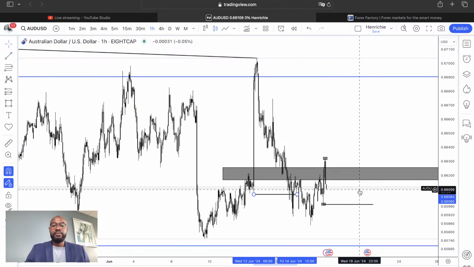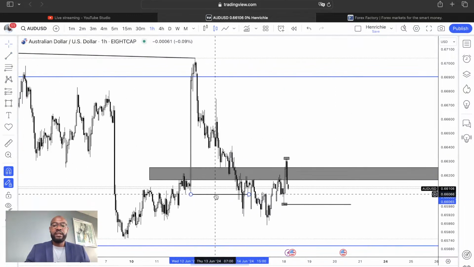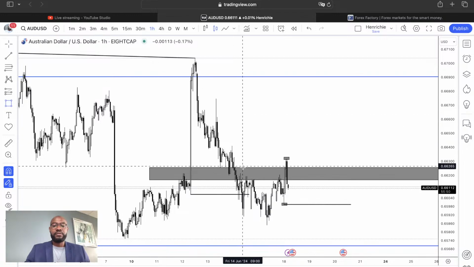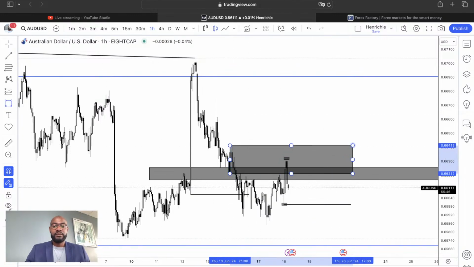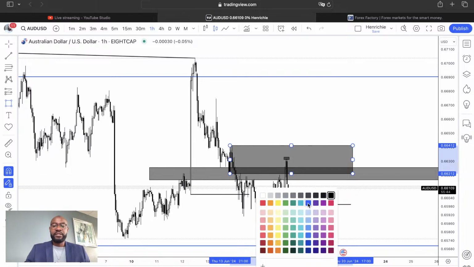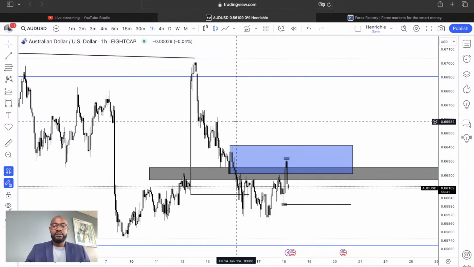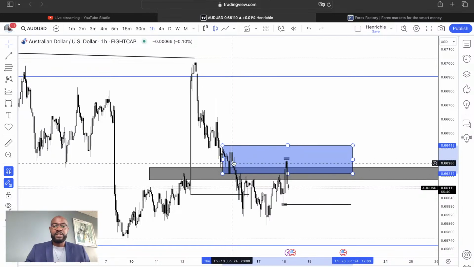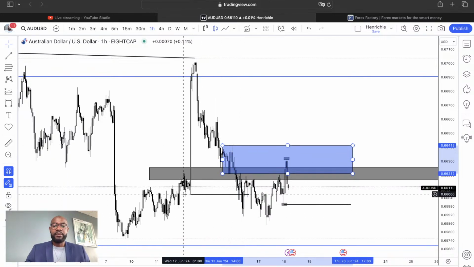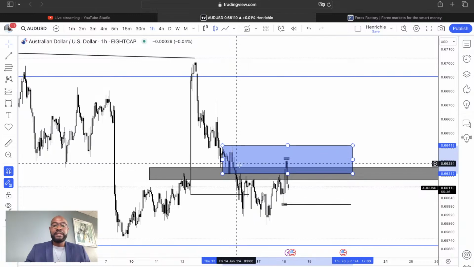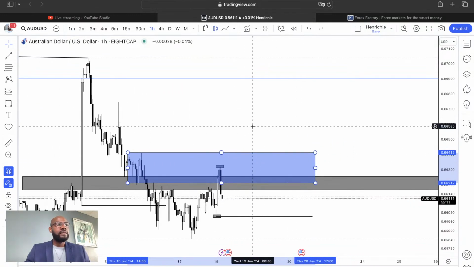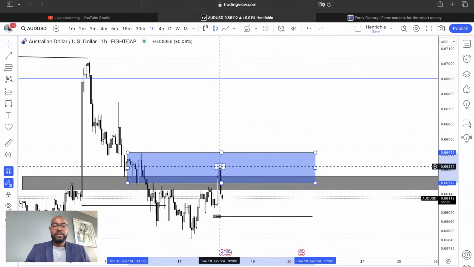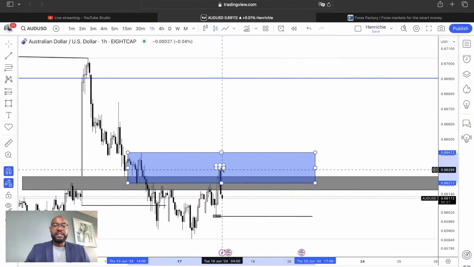This low got violated, and this was the last impulse move to the upside before dropping to break that low. So this also makes it a key level to anticipate for price to mitigate.